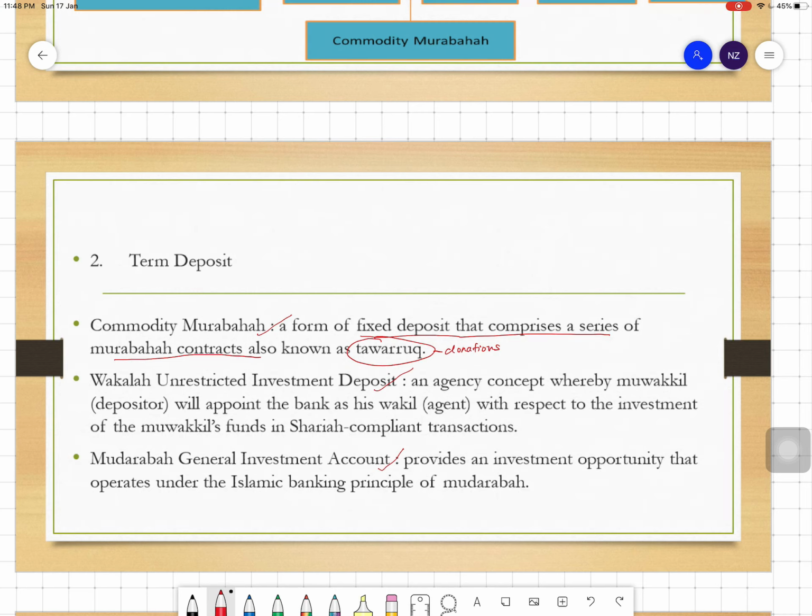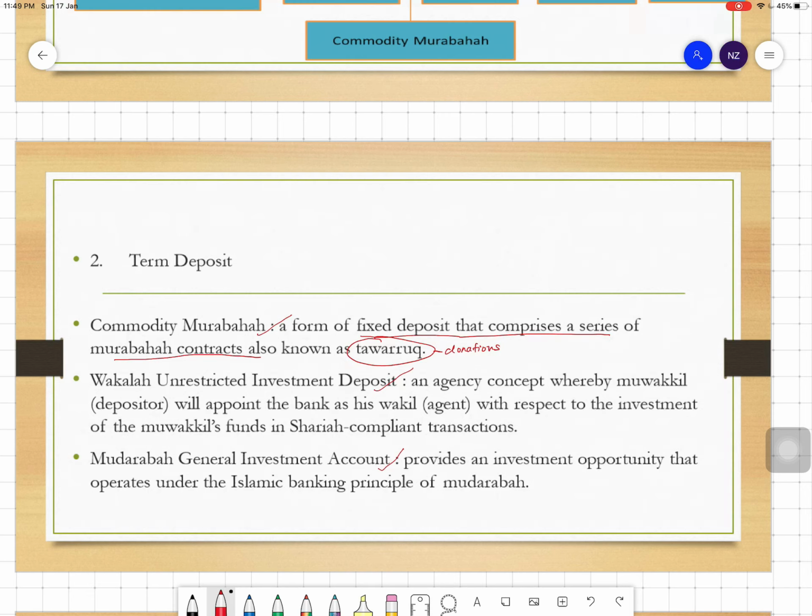unrestricted tu kita ada belajar dekat dalam chapter contract, lama dah, chapter 3 or 4, I'm not sure, tapi kita dah ada belajar. It is when the muwakil who wants to appoint wakil as the agent tu, dia tak setkan any restriction atau syarat-syarat untuk invest in certain projects.